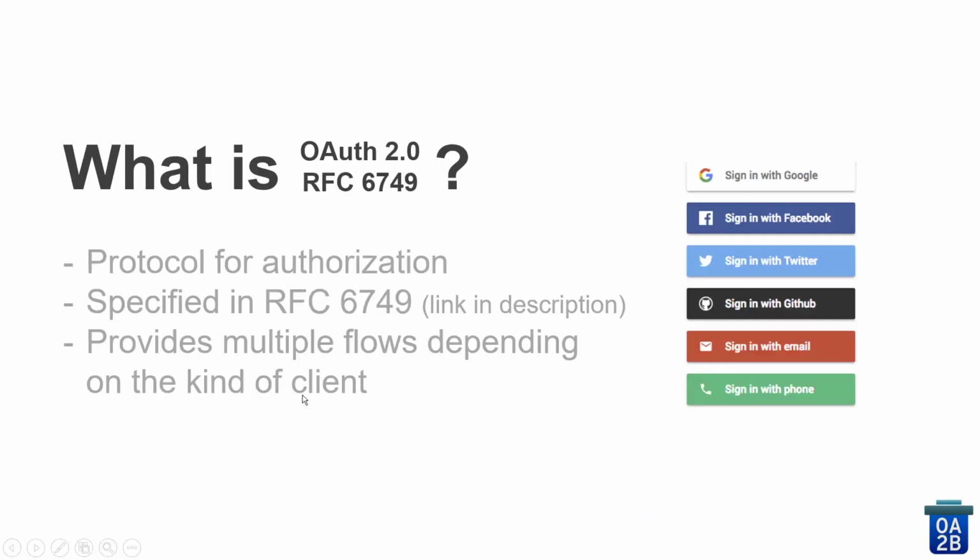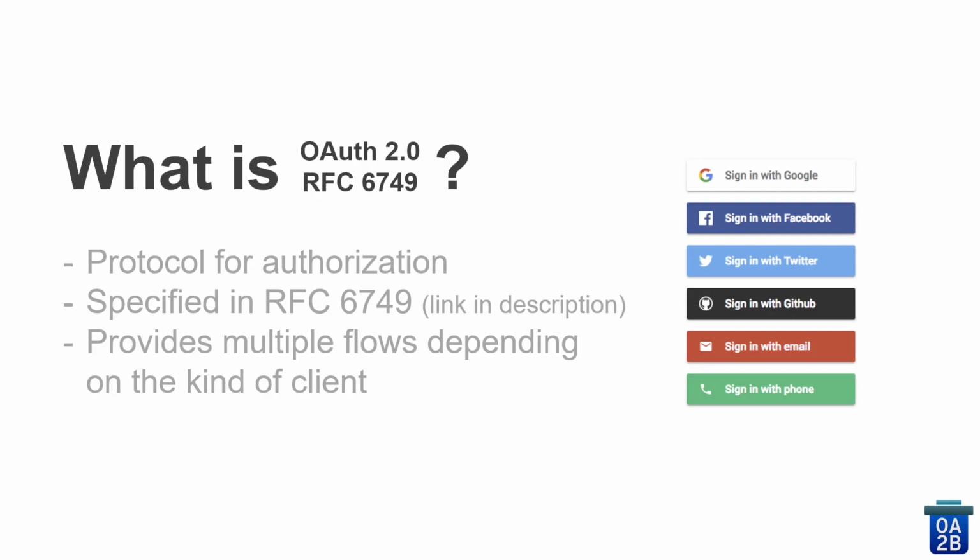So let's move on to OAuth 2.0 and RFC 6749. I don't want to spend too much time here right now because these concepts and ideas will be more clear to you as we progress through the series. But if you're new to the protocol, this is what you need to know. It's a protocol for authorization. It's specified in RFC 6749, the link to which is in the description, and it has multiple flows in it.